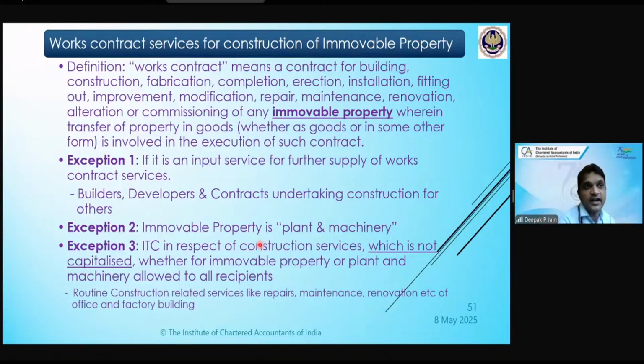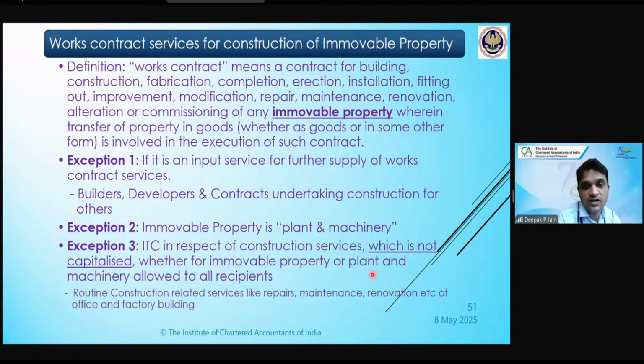Then normal machinery and big plants wherein some manufacturing activity will happen, that is plant. So such immovable property is plant and machinery. Then you will get the credit. For a machinery, it should not move, so you have to make it an immovable property. Then it is available. So even though it is a works contract, still you will get the credit because it is primarily of the nature of plant and machinery.